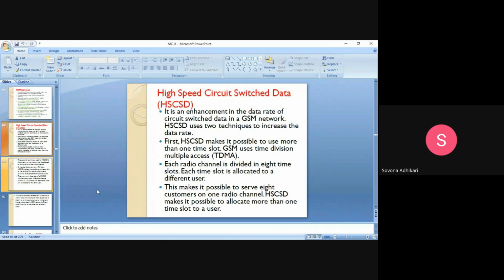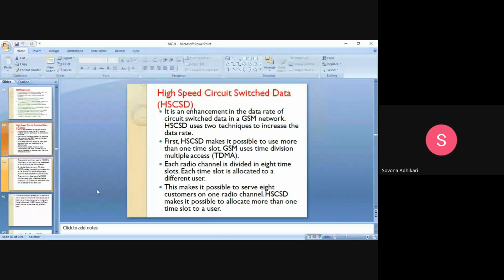High speed circuit switched data. Circuit switched, we have already discussed; the packet switched is the other technology which uses packet switched data. Let us discuss circuit switched data, high speed circuit switched data.